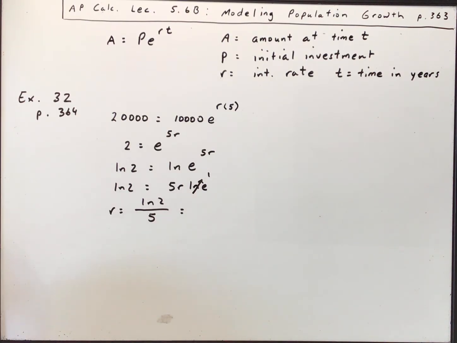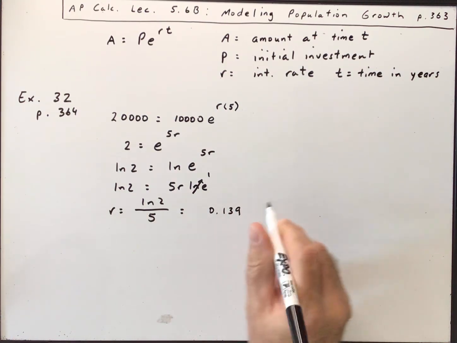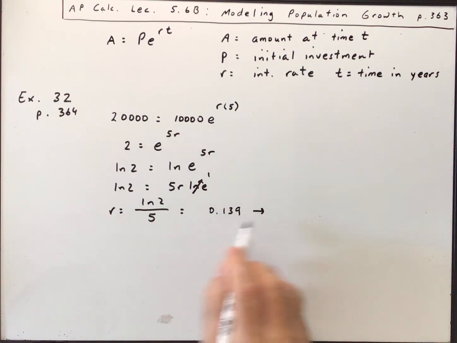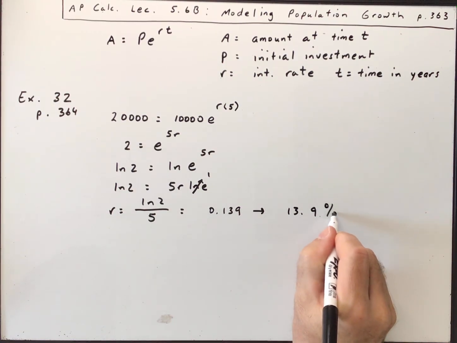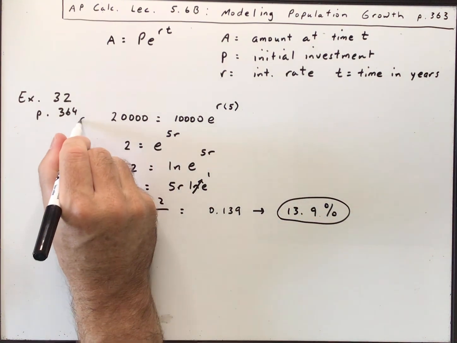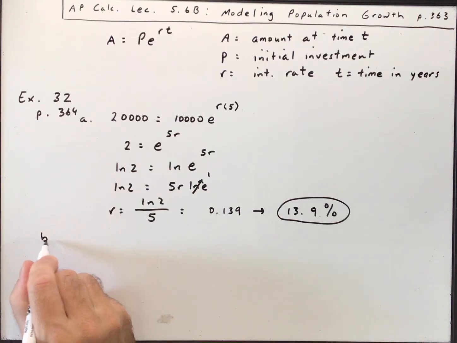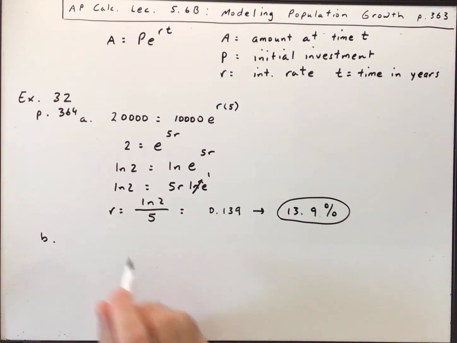All right, so putting that into your calculator, you've got 0.1386. So you need to multiply that by 100 to get it to percent, so 13.9%. So that's part A, and then part B is the amount after 10 years.